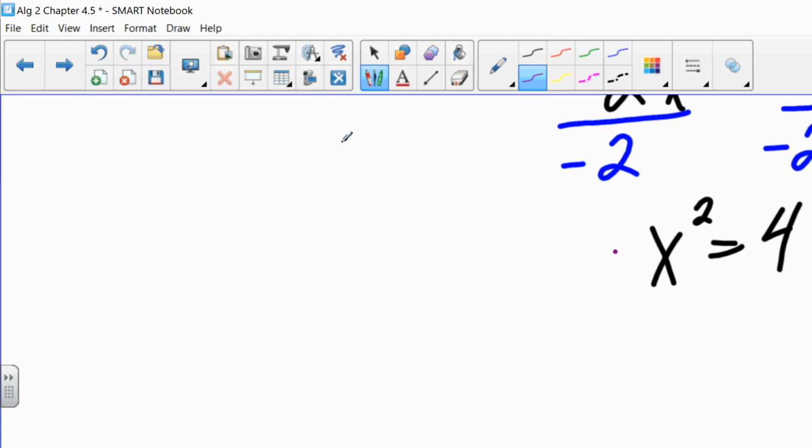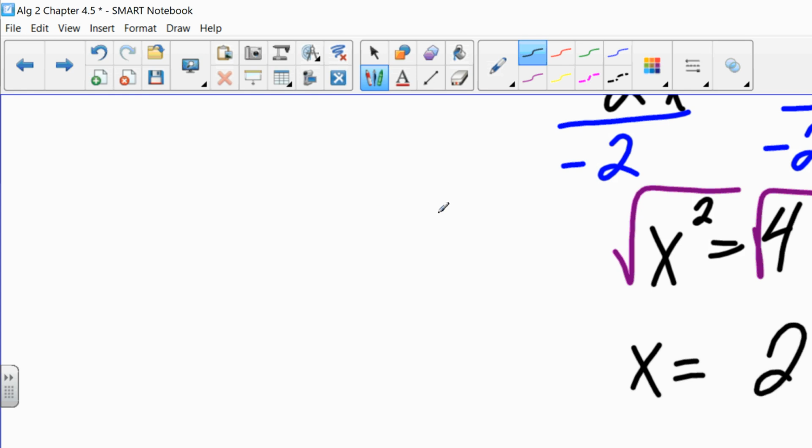And last but not least, we would square root, so x would equal plus or minus 2. So the solutions for this here are x is equal to 2, 2, and negative 2.